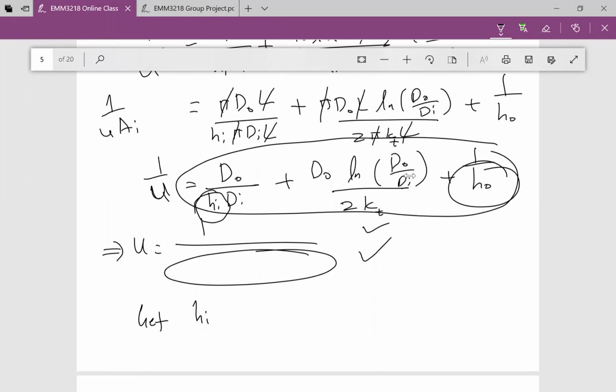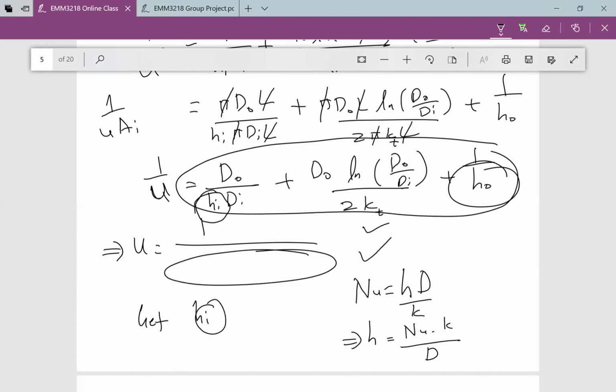Using Nusselt number. Right, thank you. Very good. Okay. So always remember, use Nusselt number. This is internal flow. So Nusselt number for internal flow. So it's hD over k, right?